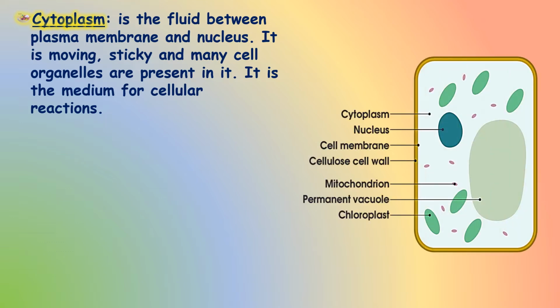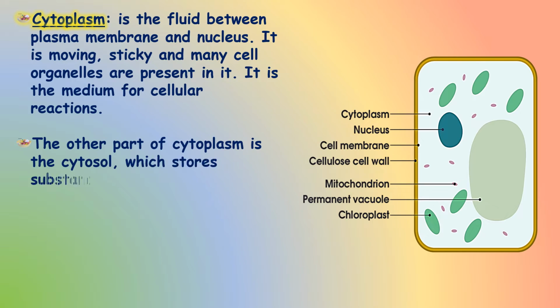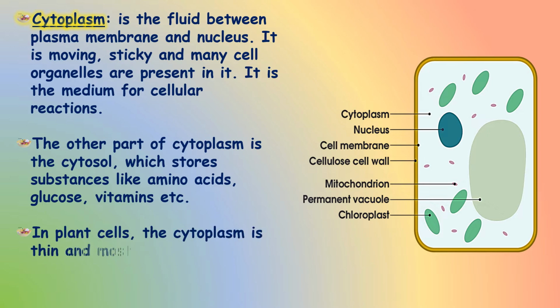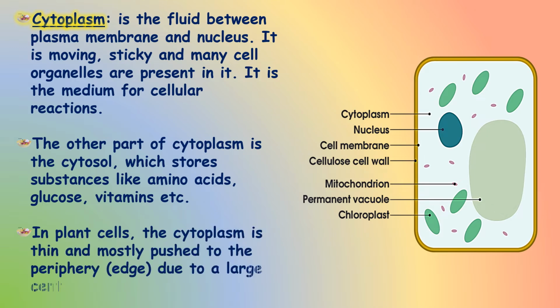If you can look at this picture here, you can see the nucleus here and the liquid all around the cell, which is called the cytoplasm. The other part of the cytoplasm is cytosol, and this stores substances like amino acids, glucose, vitamins, etc. In plant cell, the cytoplasm is thin and mostly pushed to the edge because of a large vacuole.